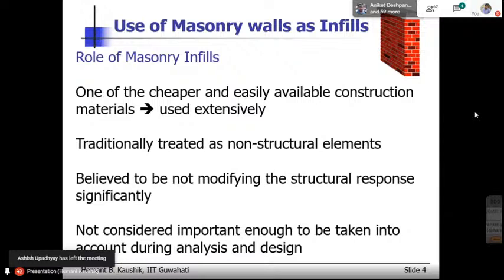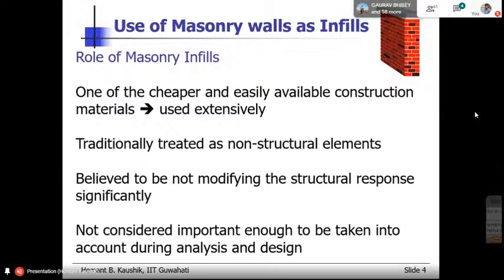First is related to the strength. It is a brittle material, right? The strength compared to reinforcement and concrete is less, but regardless of that, it is sufficient to change the response of the structural system. But somehow we don't treat it as structural, primarily because it is a brittle material, and the strength varies with different failure modes. There will be several failure modes, and for those failure modes, it is not easy to determine the strength.